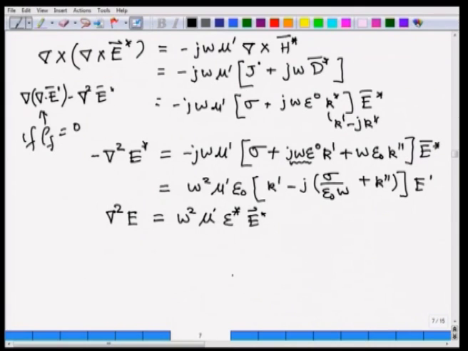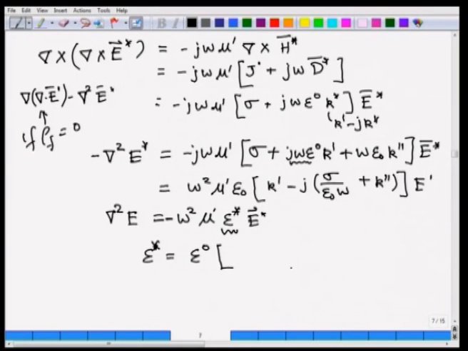and now from this wave equation, a minus sign here, and from wave equation we can recognize this quantity as being the equivalent to permittivity in free space, and that we are writing as this quantity.